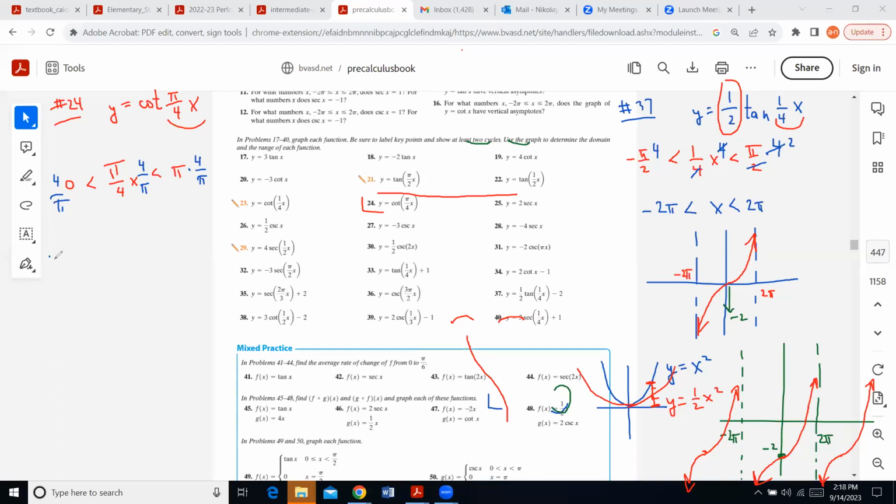So 0 will be on the left, and then x is in the middle, and all I care about is what's on the right side, and this is going to be number 4. And this is great. So now I'm ready to make a picture of function cotangent that has 4 as its period. 4, and then if you want, you can put another 4, which is 8, and so forth.